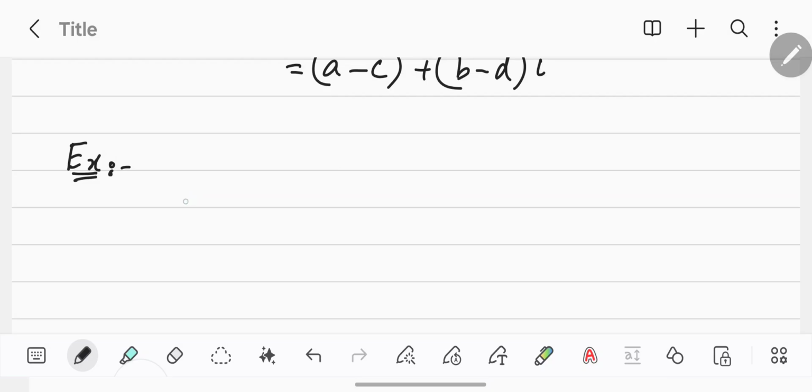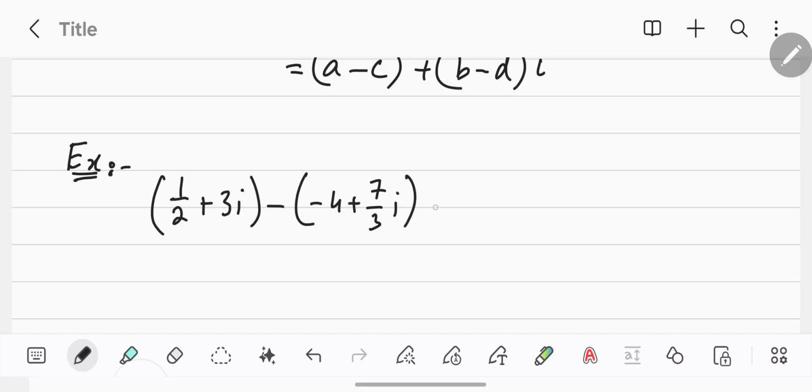So let's look at an example. So we have two complex numbers, 1 by 2 plus 3 iota, and another complex number, we have to subtract them, minus 4 plus 7 by 3 iota. Okay, so how can we have the difference?